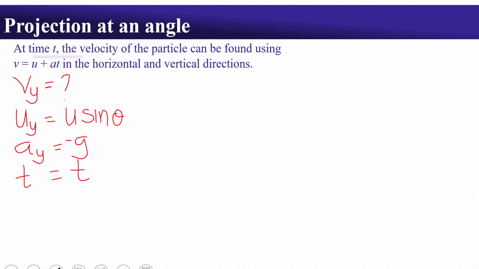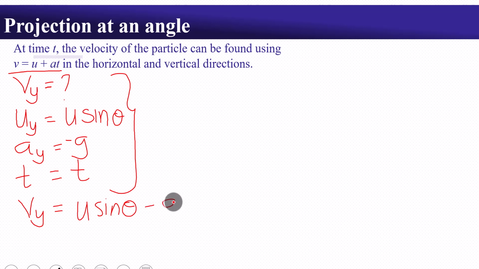So using this, we can get velocity in the y, and if we substitute these in this equation, we shall get v in the y equaling to u sine of theta, and then minus g t. And that's the equation that you can always use to get velocity in the y at any time t.